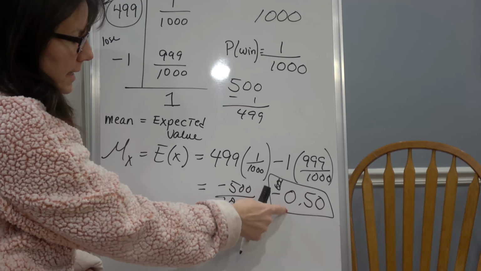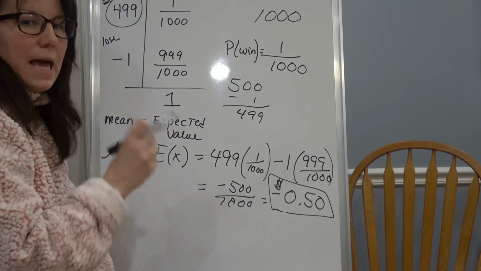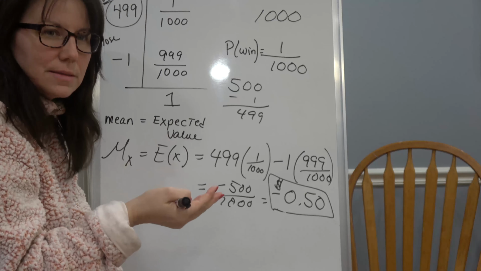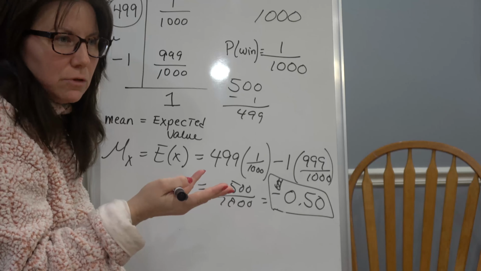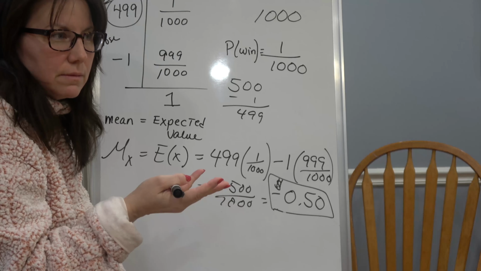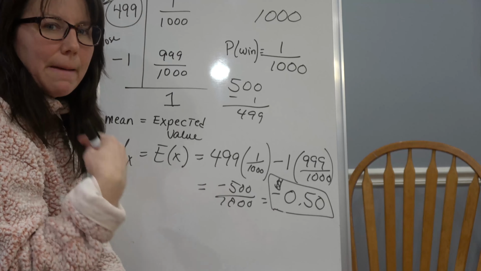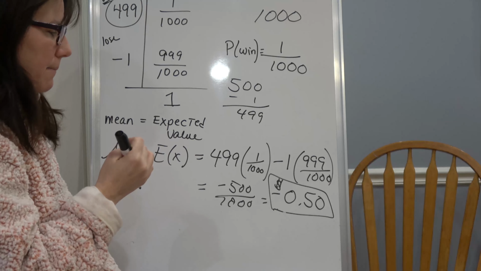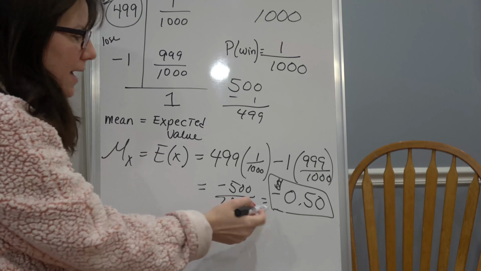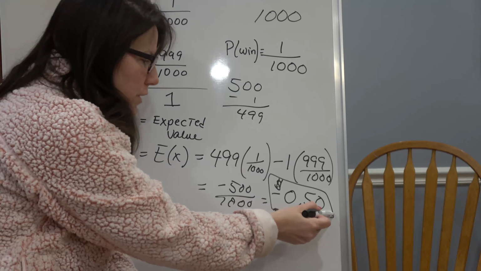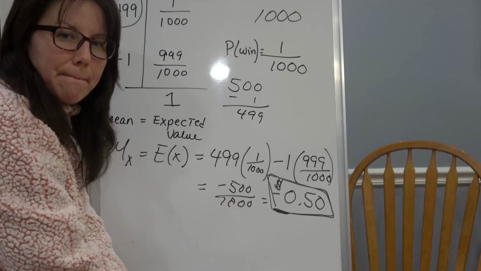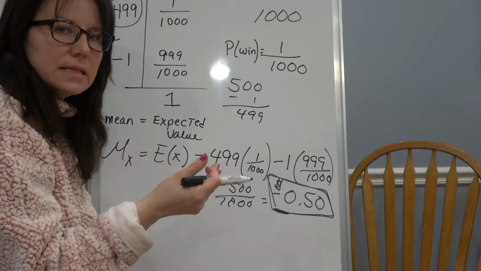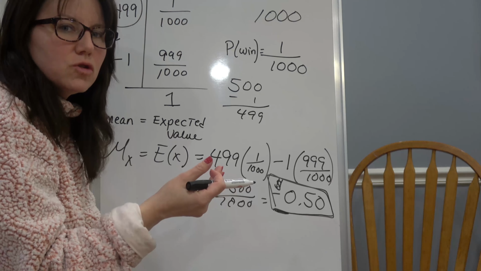So this means that on average, if I play this game many, many, many times, so that's key, right? I could play it twice, lose $1 each time, so my average outcome is -1. But if I play it many, many, many times, so this is like that law of averages, the law of large numbers, then on average, I would lose 50 cents a game, which means the house, whoever's organizing this, makes on average 50 cents on every ticket that is played.